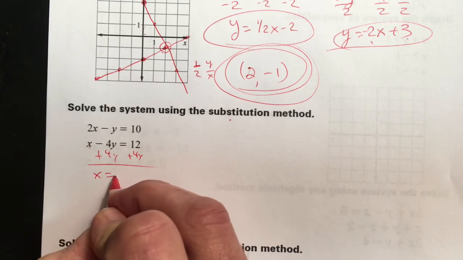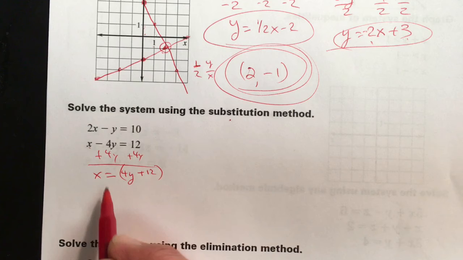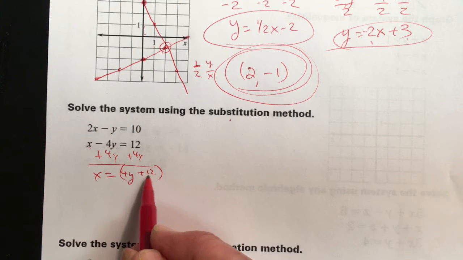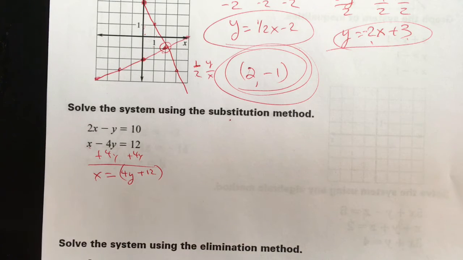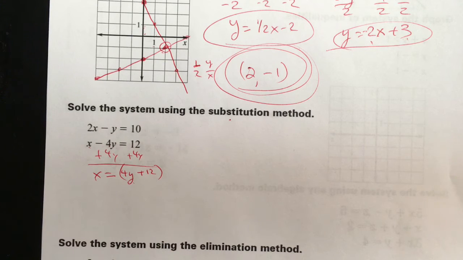X equals 4y plus 12. So wherever x is, I can put 4y plus 12 in its place. So now I'm going to go to the other equation. And for this x, I'm going to take that x out and put this in its place. So then we have everything in terms of y, and it'll be easy to solve for just the y. Then when we get the answer to y, put it back into here to get the x.